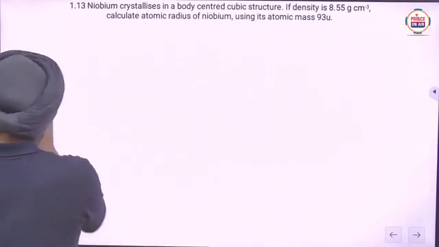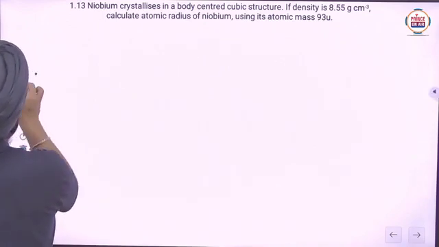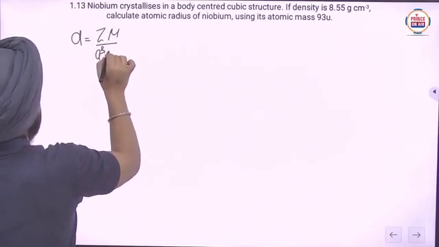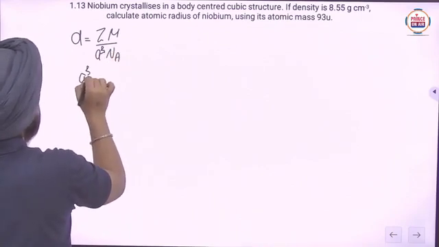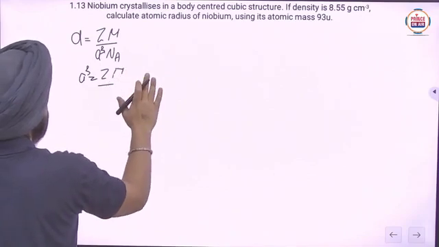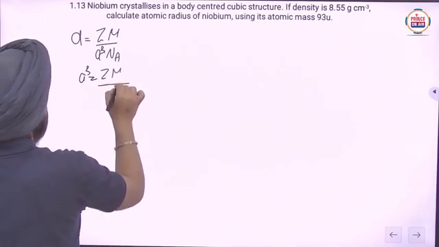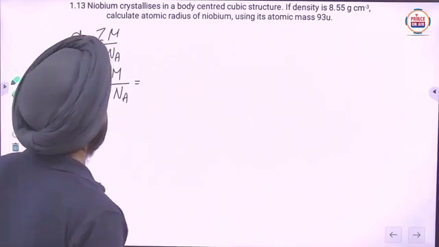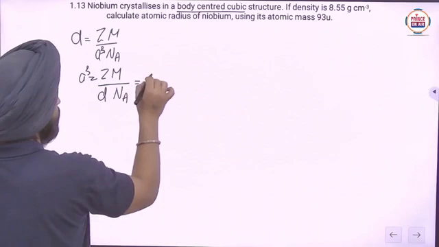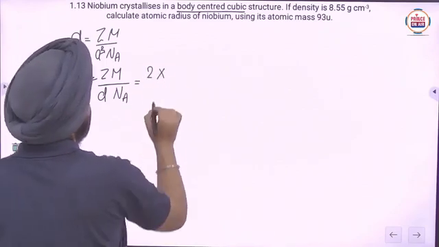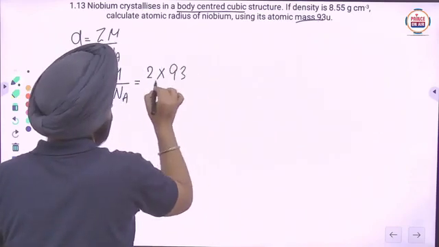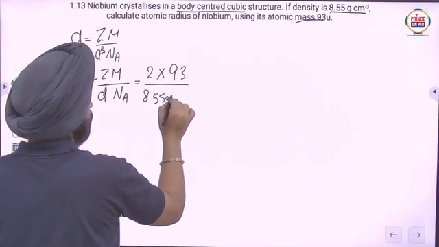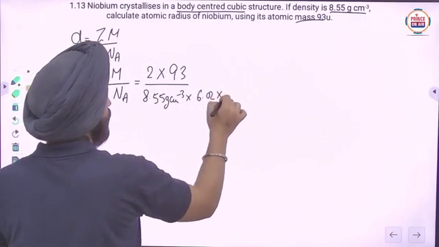We have to apply the formula D is equal to ZM upon a cube N A, and a cube comes out to be ZM upon D N A. For body centered, Z is 2, M value is 93, density is given as 8.55, and N A is 6.02 into 10 raised power 23.